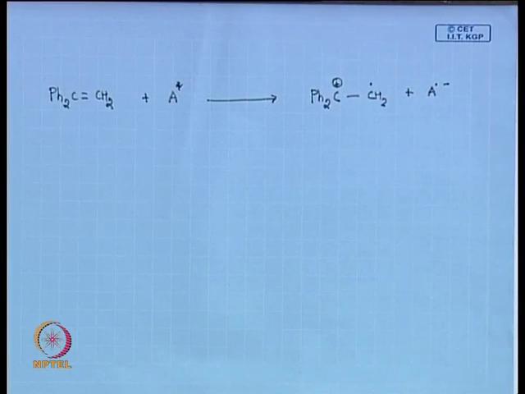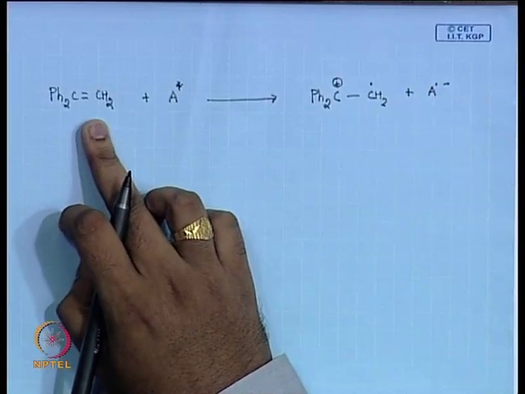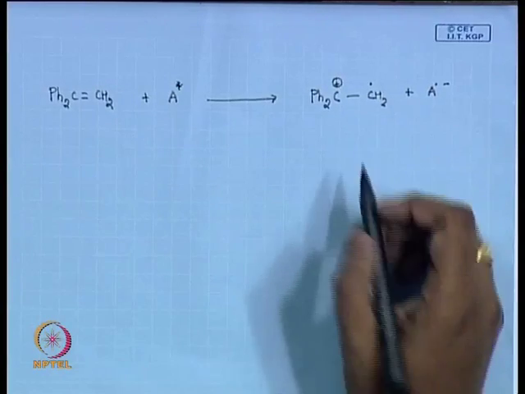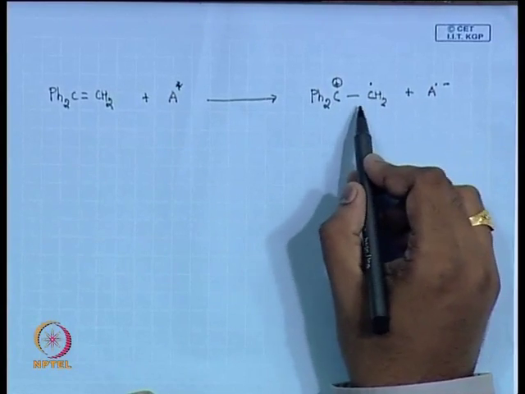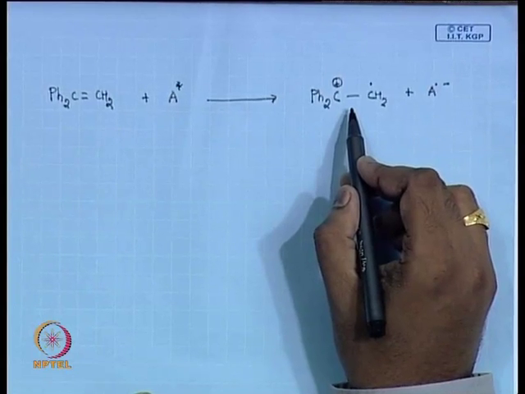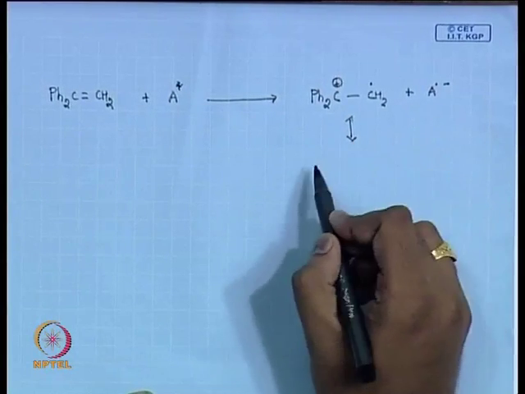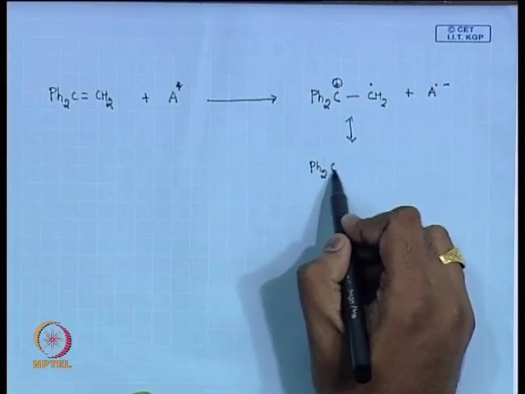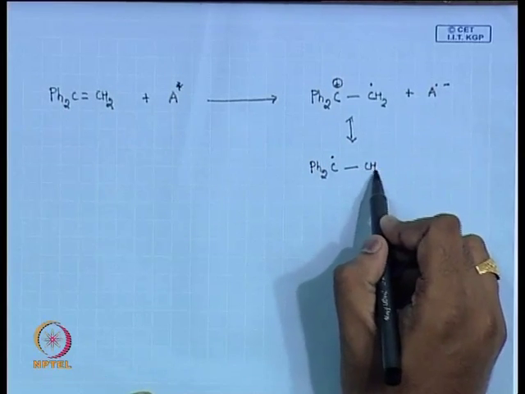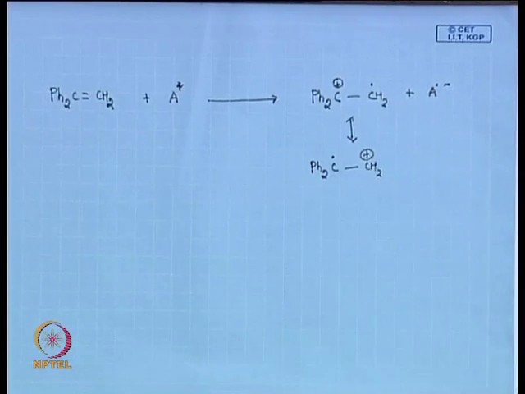Yes, it can do that because this is a pi system, you can easily abstract an electron from there. And what happens to this now? Because this will be a much more comfortable position for the molecule, the radical gets stabilized much better if it is this way, with CH2 radical and the cation.